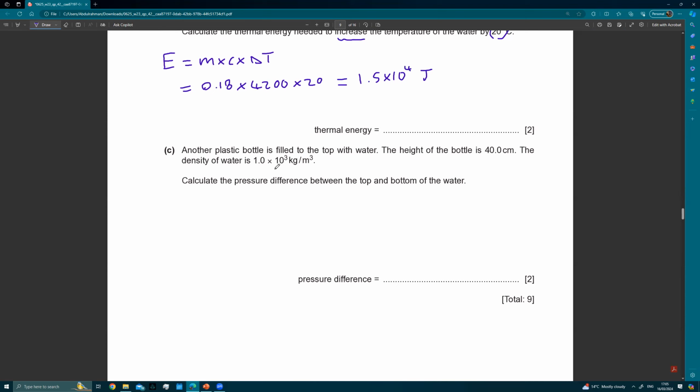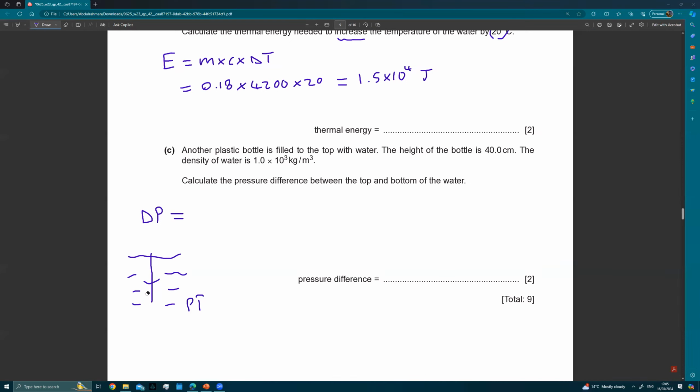Another plastic bottle is filled to the top with water. The height of the bottle is 40 centimeters. The density is given. Calculate the pressure difference between the top and the bottom of the water. Well, we know that the deeper down you go in a liquid, the higher the pressure.